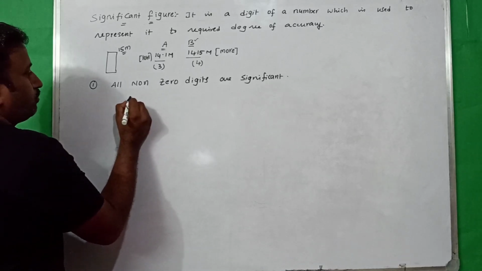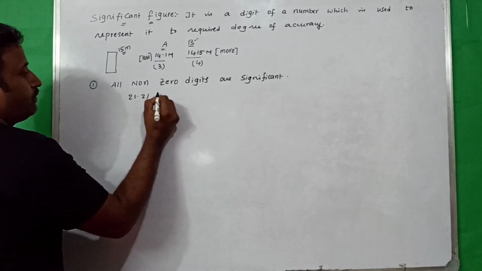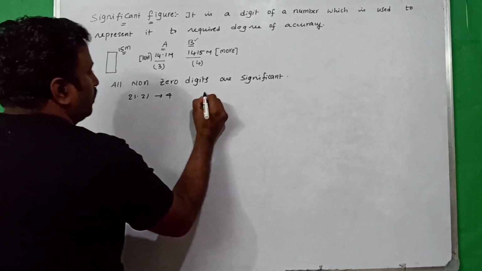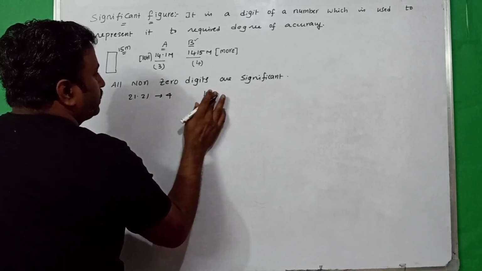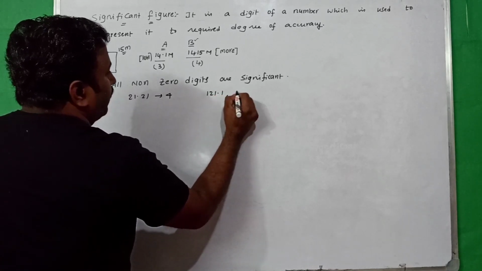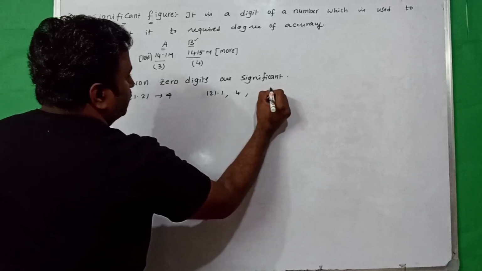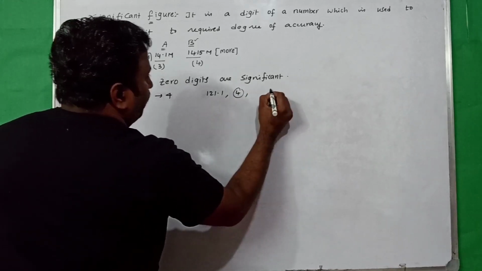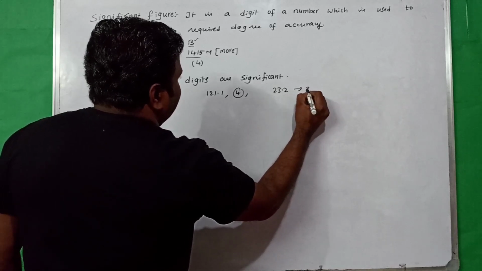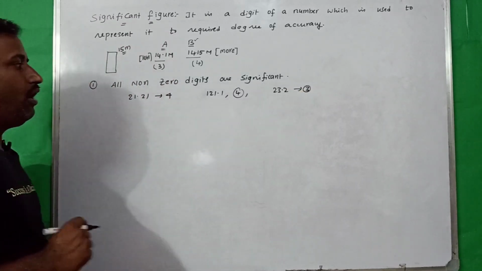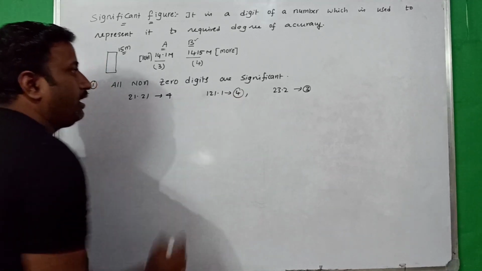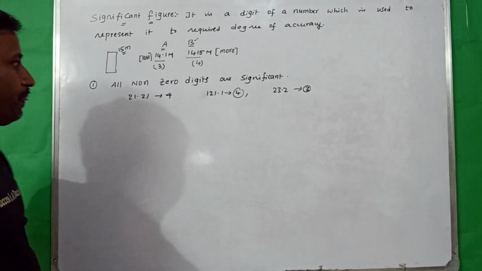If there is a value 21.21, we can say it has 4 significant figures because all are non-zero. 121.1 has 4 significant figures. 23.2 has 3 significant figures. All non-zero digits are significant.